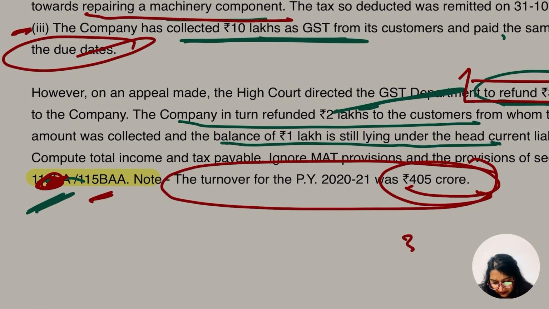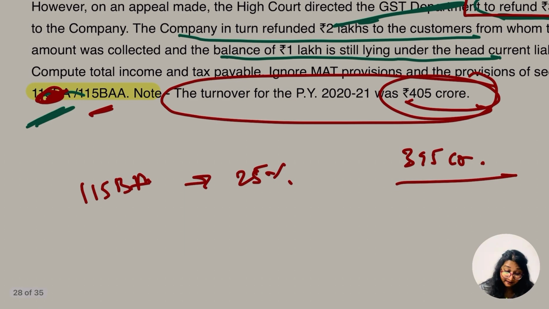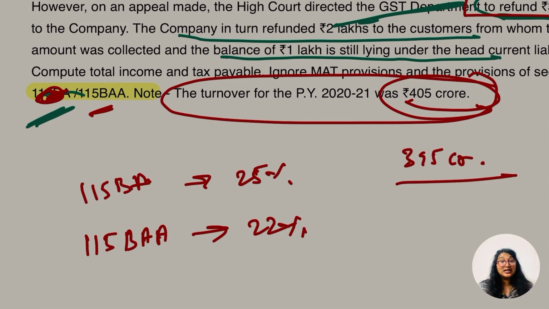Let's take 395 crore, which is less. In that case, what is going to be the rate? It is going to be 25%, right? 115BA. Now as per the 115BAA section, what is going to be the rate here? It is going to be 22%.